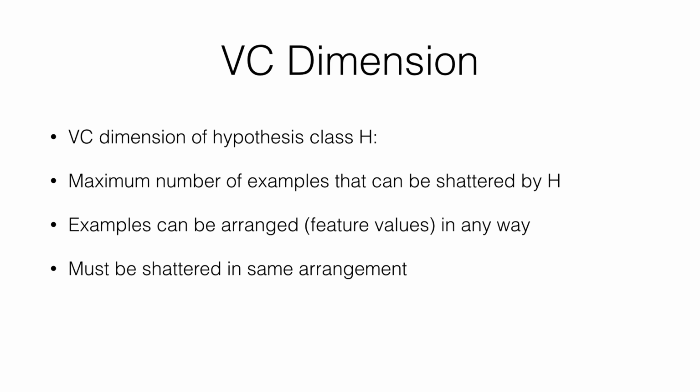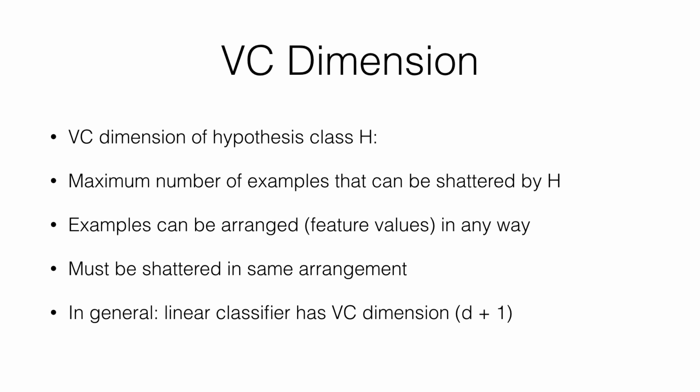So you have to set the points, and then you have to be able to label those points that you set in all possible ways. And in general, from the examples that we saw previously, you can generalize that to multiple dimensions, not just two, and figure out that a linear classifier always has VC dimension d plus 1. That's kind of an interesting exercise to go through, so I'll leave that for you to think about.